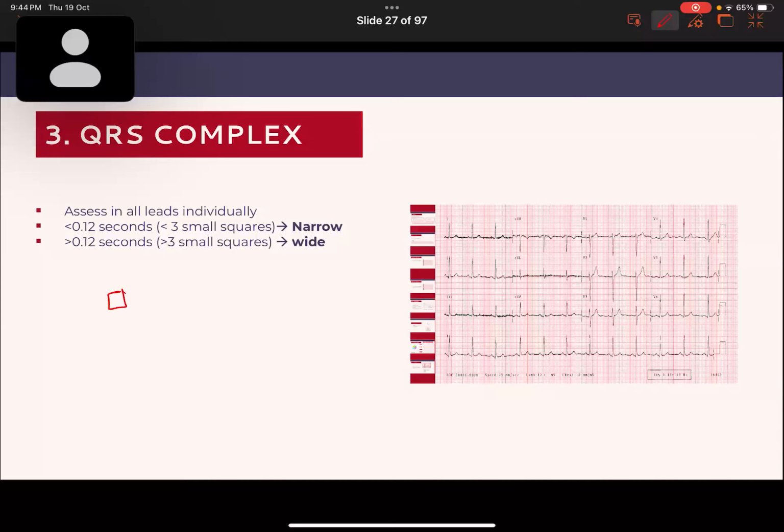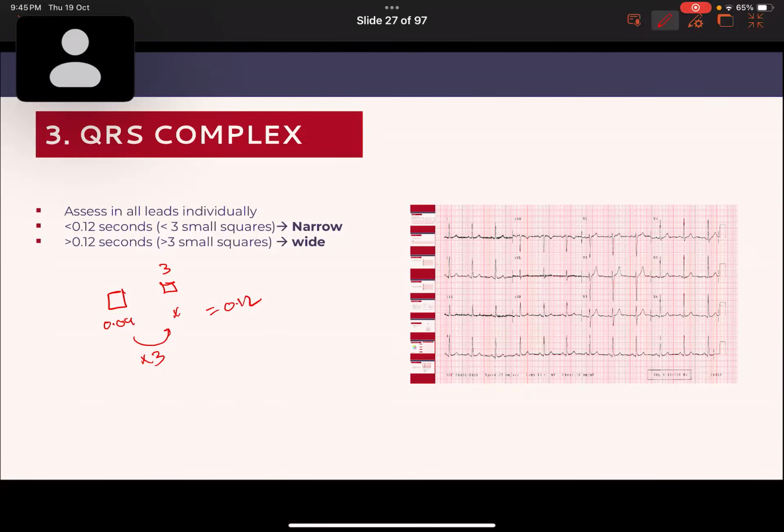If one small square is 0.04 seconds, and we want to know how many seconds are in 3 small squares, you're going to multiply this by 3, and that is 0.12 seconds.